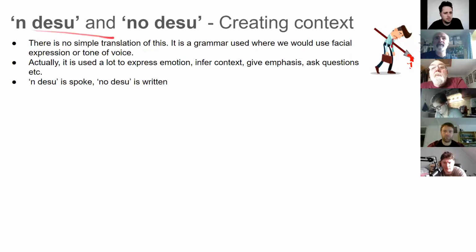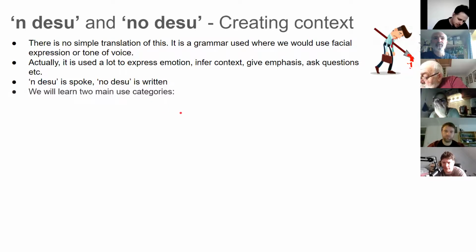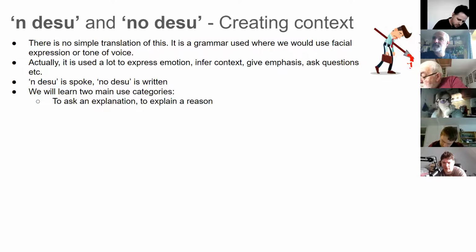The difference between "ndes" and "nodes" is very simple. When you speak, you use "ndes", and when you write, "nodes". That's the rule. So we're going to focus on two main categories today. And in fact, I probably won't ever explain another category. We'll just use it. We'll learn it by application. So the two main categories are to ask for an explanation or to explain a reason.